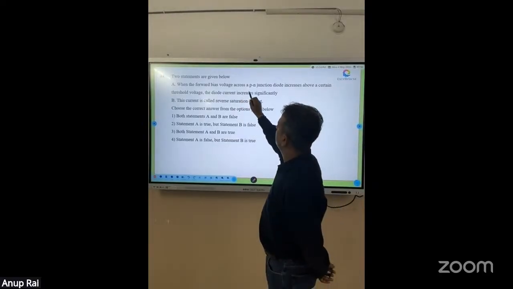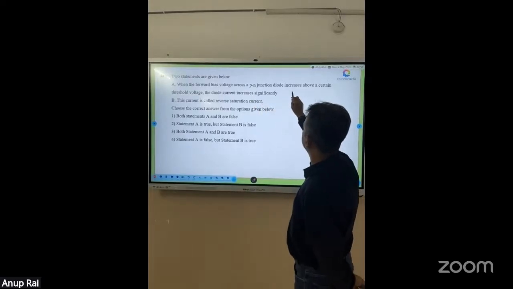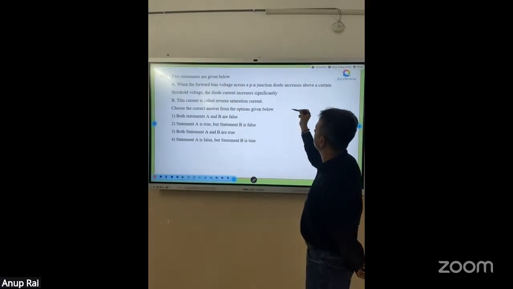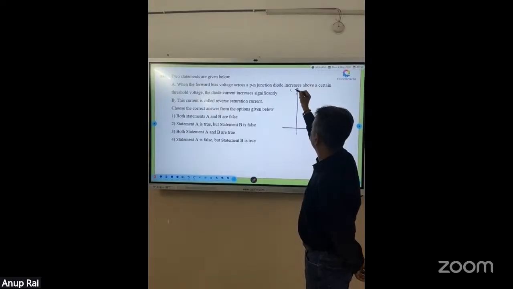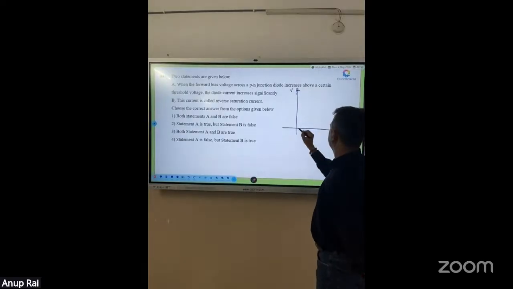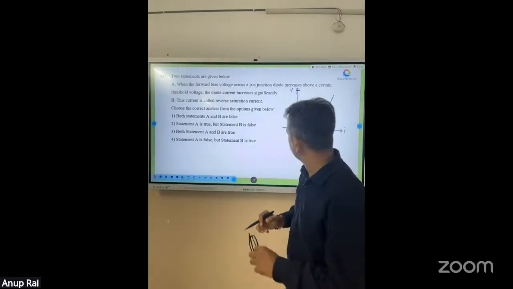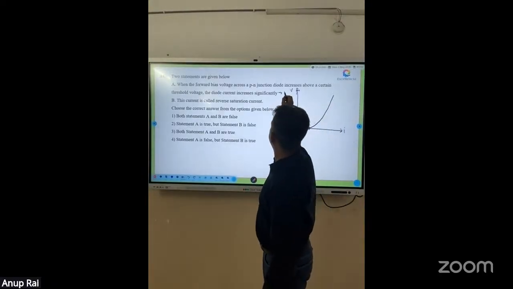Forward bias voltage statements are given. When the forward bias voltage across a PN junction diode increases above a certain threshold voltage, the diode current increases significantly. You remember the VI characteristic in forward bias? Initially, it will be almost nil. Suddenly it increases after the barrier potential breaks. So that's a true statement.